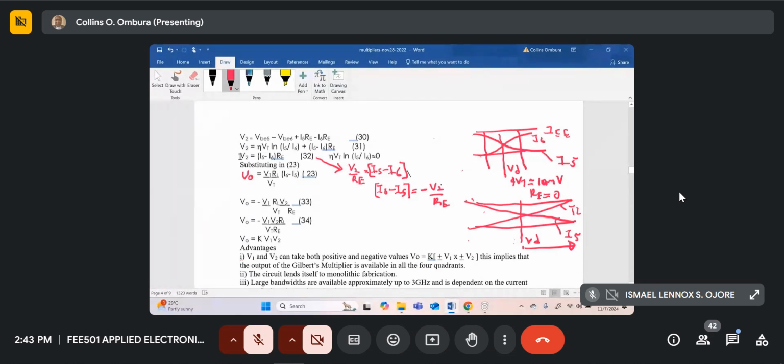V2 is equal to I5 minus I6 into RL. So there's supposed to be a minus sign, because equation 32 is V2 is equal to I5 minus I6 into RL, but I want it in terms of I6 minus I5, as in equation 23.